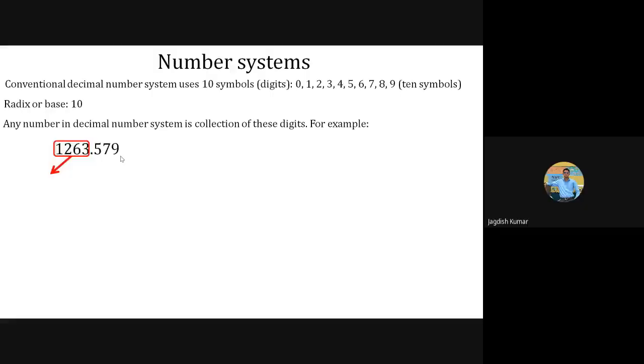So that is why I'm quickly defining these things for you. In a decimal number system, the part which is before the decimal point is what we call the integer part. So in this case, the integer part is 1263, correct? And this other part is called, yes, anyone from the audience, what is this part called?